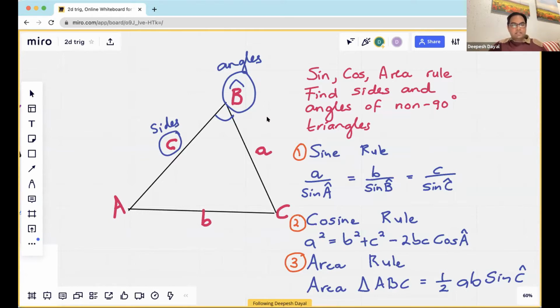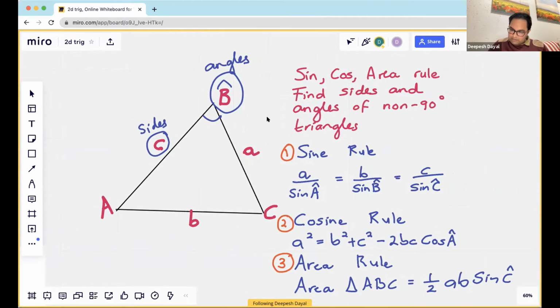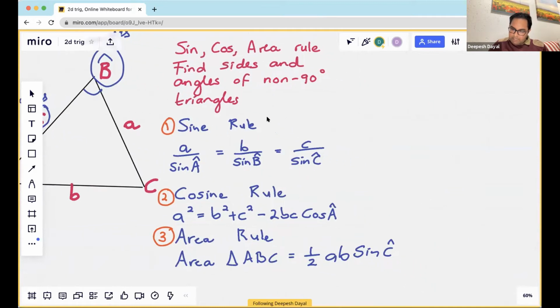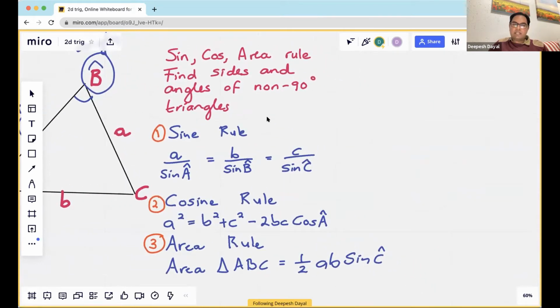So let's have a look at an example, right? I'm going to just erase this on the right, or maybe I should just redraw the triangle. Let's redraw the triangle, right? Have you all written it down? Can I move the triangle to the side? Just show me a thumbs up if you've written it down and I can move it along. It's important that you have them with you, right?